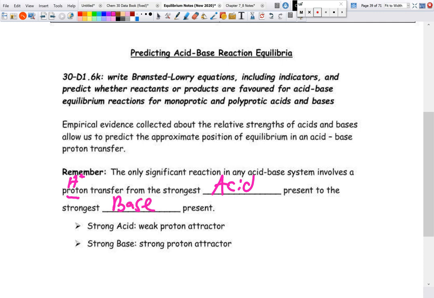Just like in our electrochemistry, it was the strongest oxidizing agent to the strongest reducing agent. The strongest acid is a very, very weak proton attractor, so that's why it always donates, whereas a strong base is a strong proton attractor. So that is why we get that transfer from strong acid to strong base.